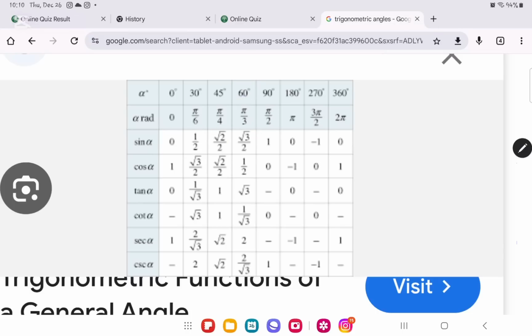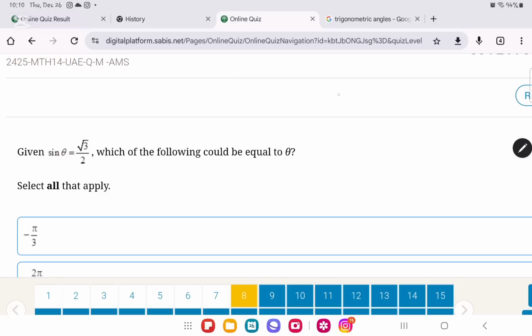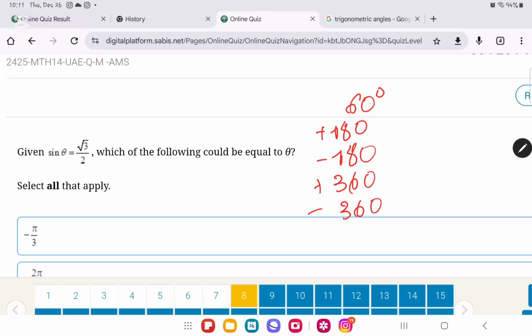60 degrees. Now, what's nice about this is that 60 degrees does not only mean 60 degrees, it could be plus 180, minus 180, plus 360, or minus 360, all depending on whatever it is.